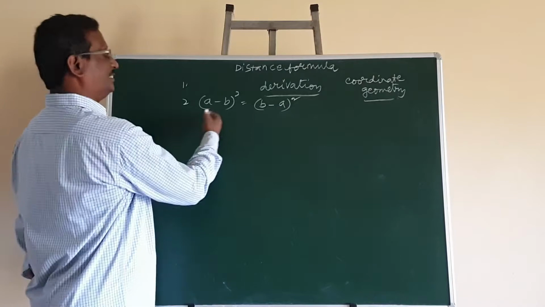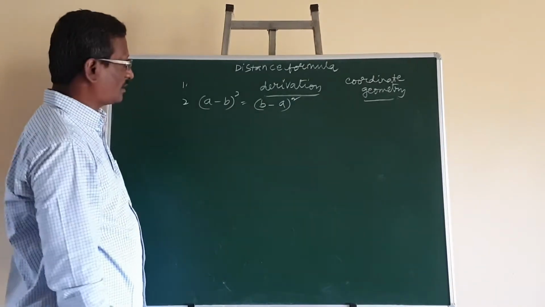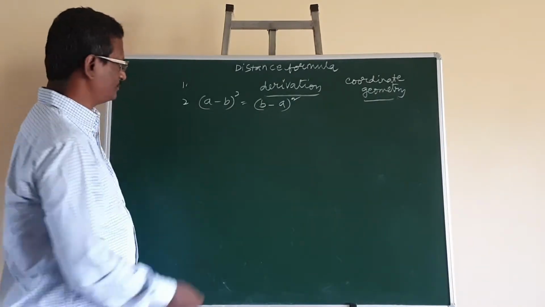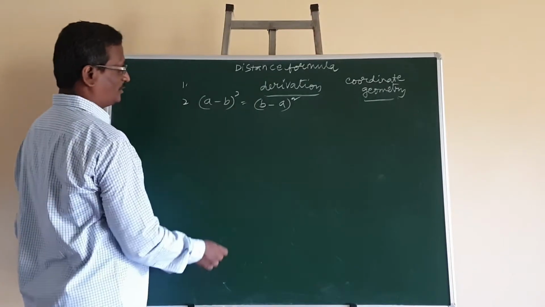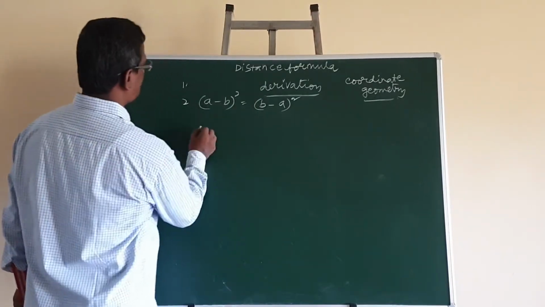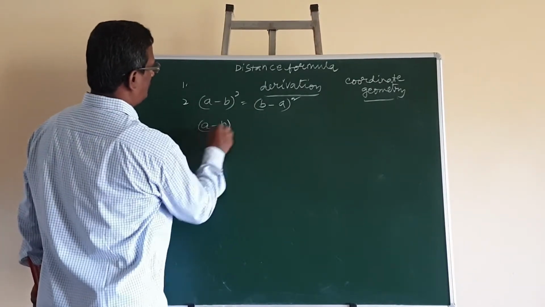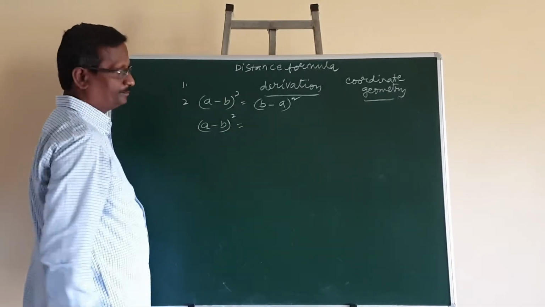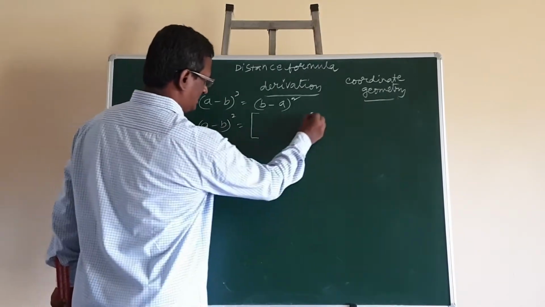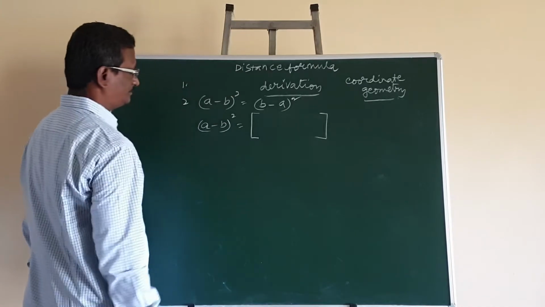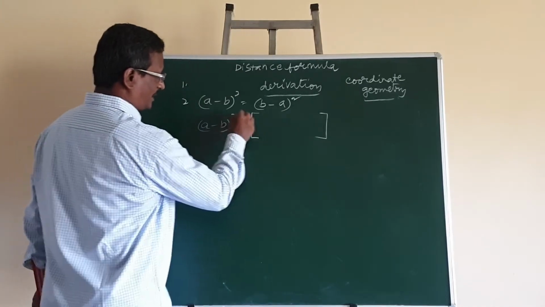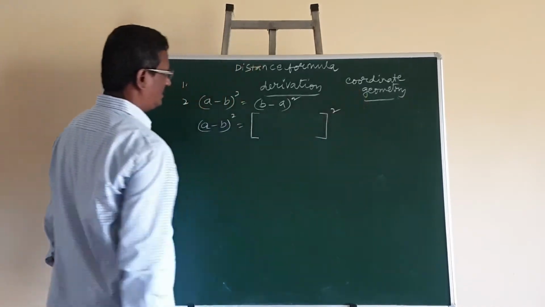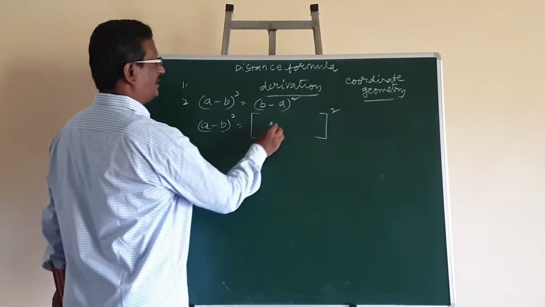If you know the identity expansion, we can do it. My method is, let us start from a minus b whole square. A minus b whole square is equal to, I take this in square brackets and the square outside the bracket, and a minus b inside.